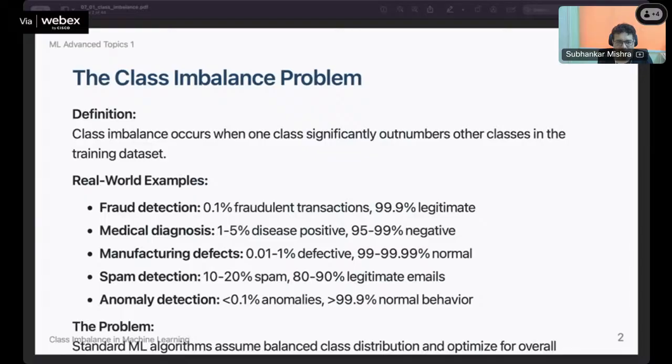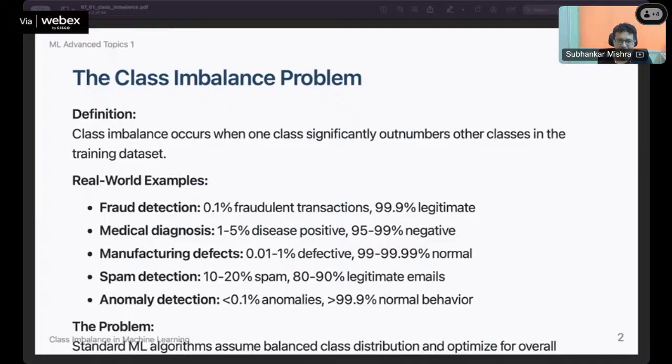Because we assume that there is a balanced class distribution, and if we optimize for overall accuracy, then of course things are okay. But what happens when 99.9% of your data is just one class?